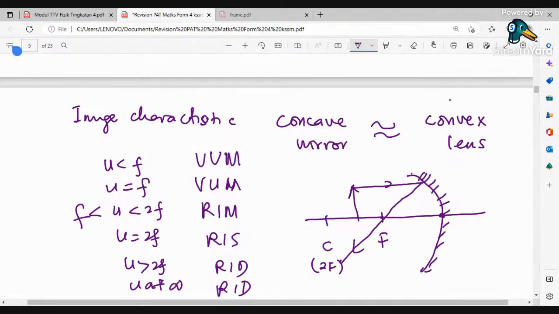Okay, lagi satu. Pass through F. Okay. Reflect parallel. So dia meet di sini, you draw image. So image form in front of the mirror, ini adalah real image. Nampak tak? U between F and 2F, real, inverted, magnified. RIM. Okay, so ini adalah concave mirror, apply reflection.